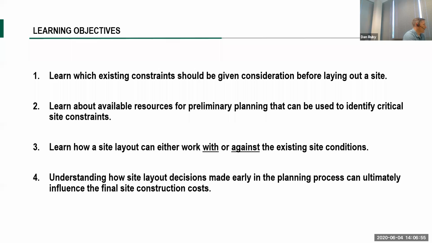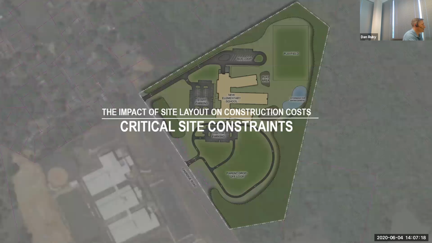We're going to take a look at making the site layout work, hopefully, with the existing site conditions and not against them, and then understanding how those decisions made early on can be a big benefit to the final site construction costs. So we'll start with critical site constraints.